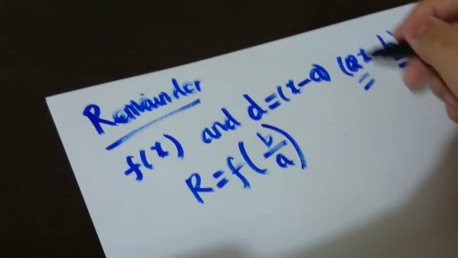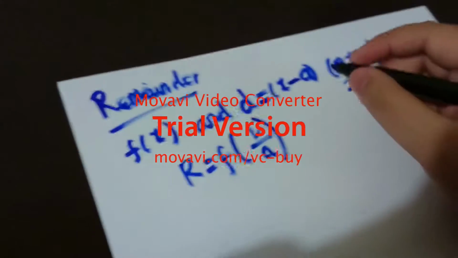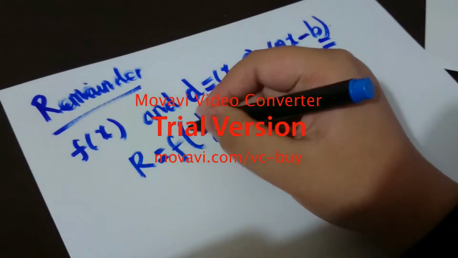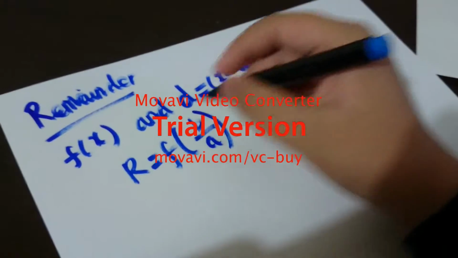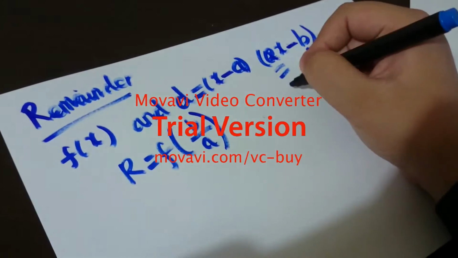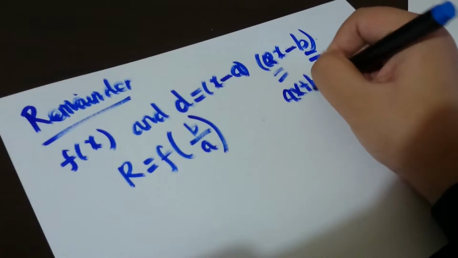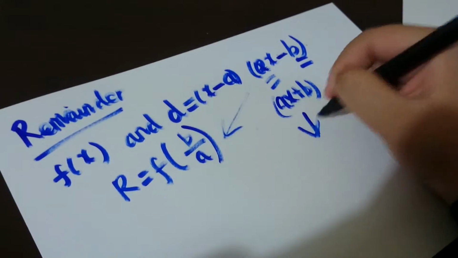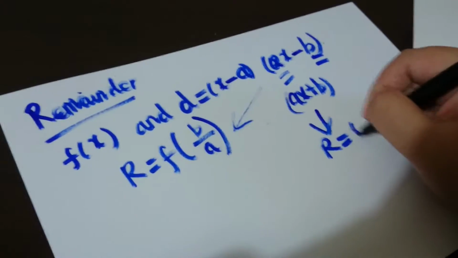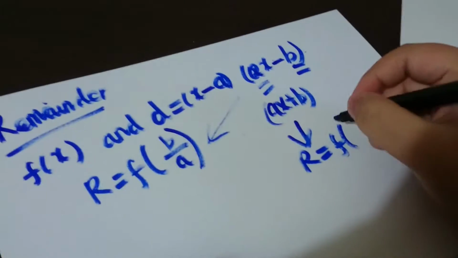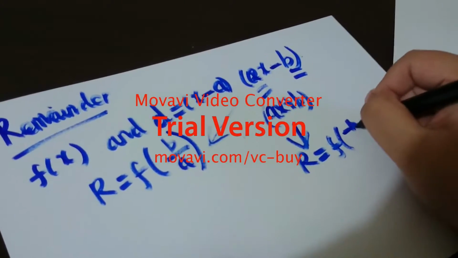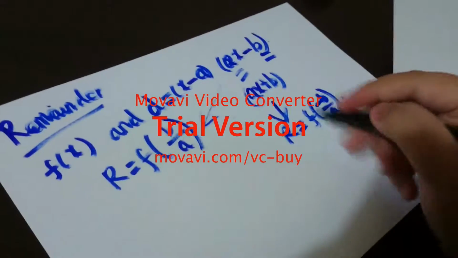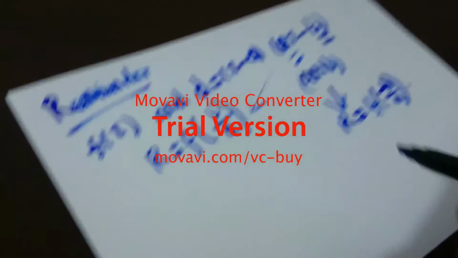Now in some cases we could be given ax plus b. So remember, we have to use the negative value. So this could as well be equal to f of negative b over a. So this will give you the remainder.